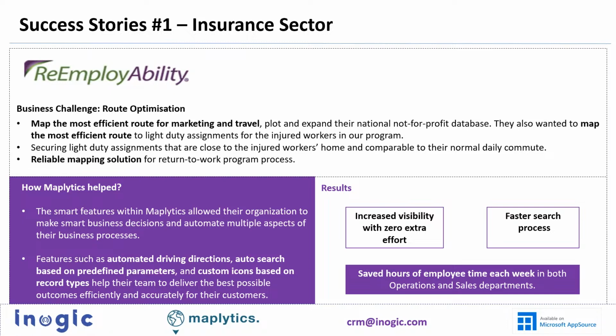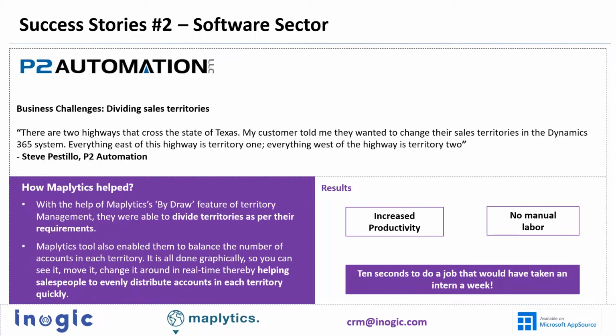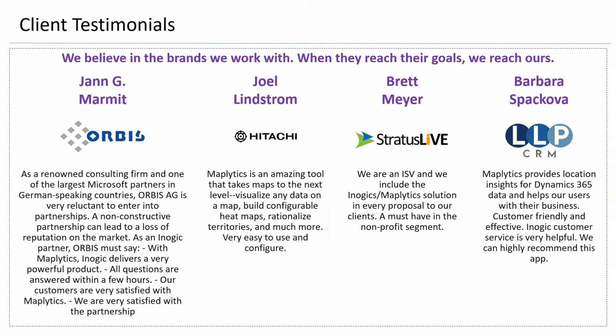They work for the Return to Work program, where they use Maplytics to search for light duty assignments within the nearby surroundings of the injured workers in order to help assign them light duty and get those workers back to work. These are the testimonials that we have received from our partners. You can go through the website to see all of these.